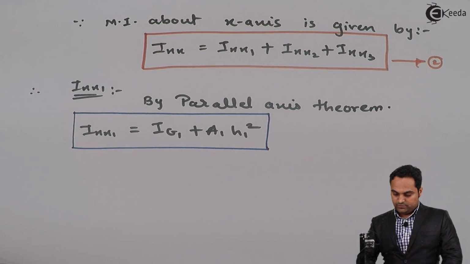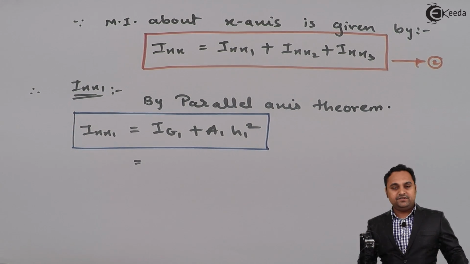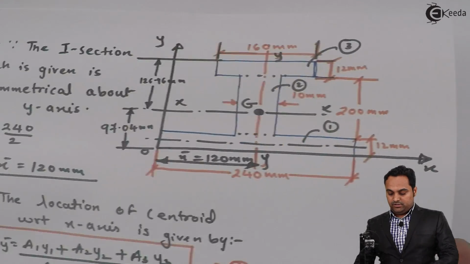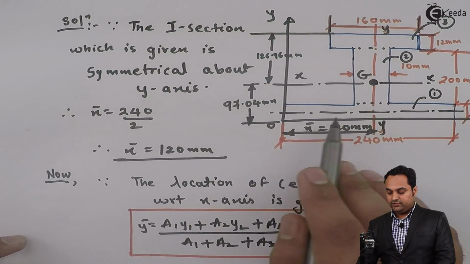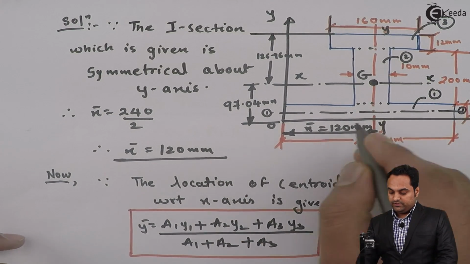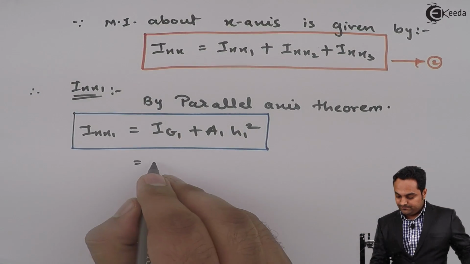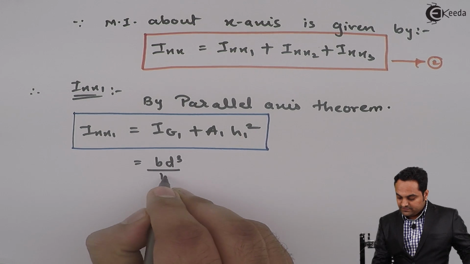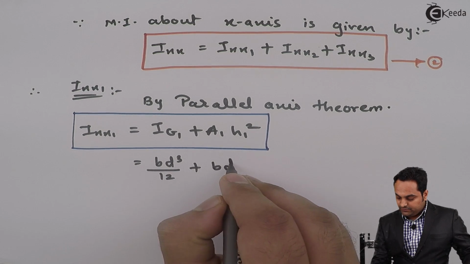Therefore, Ig1 is nothing but the moment of inertia about the x-axis for the first rectangle, which is this axis. So here it is BD cube by 12 plus area 1, which is B into D.